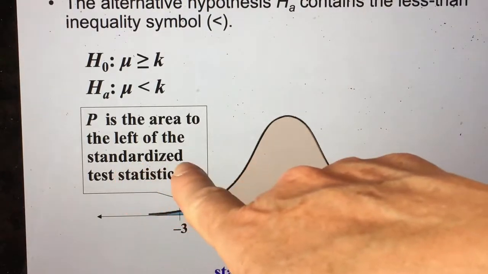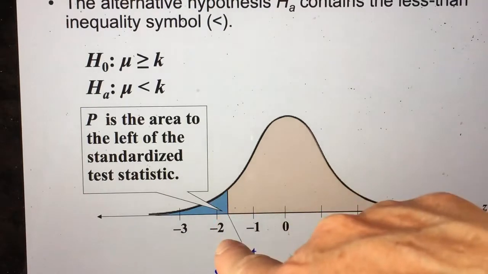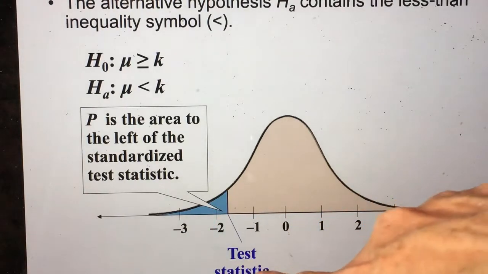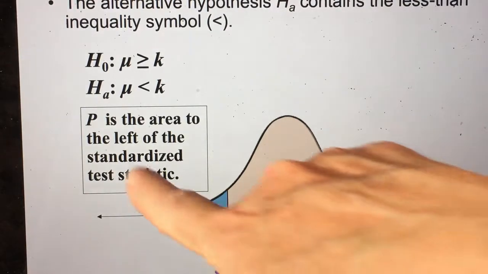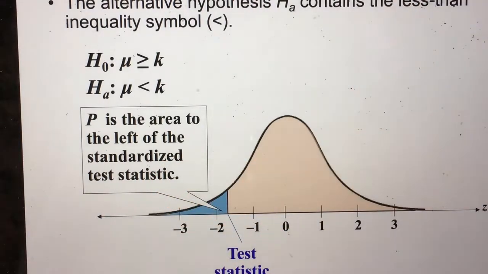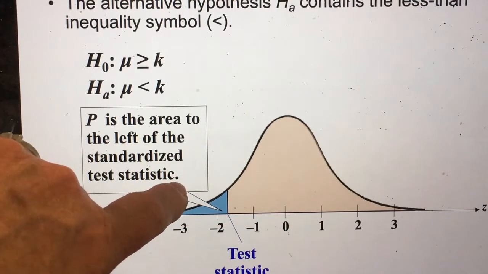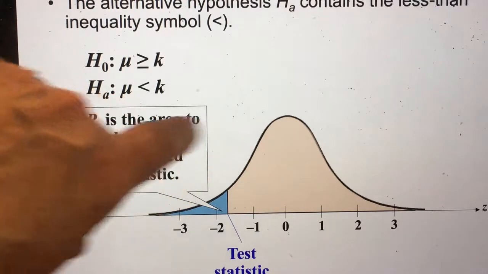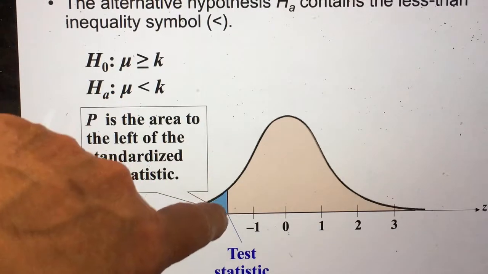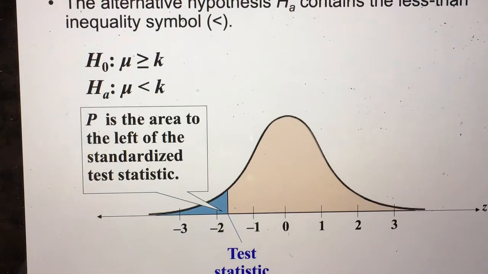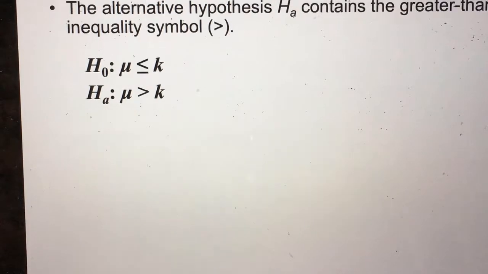Now the standardized test statistic is actually our critical value. So what they mean by test statistic here is our standardized test statistic, which is going to be our Z sub C. So P is the area to the left of the standardized statistic here. It's also called your rejection region.